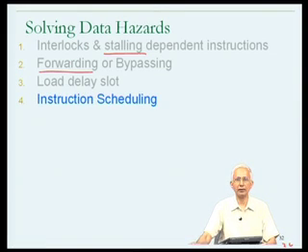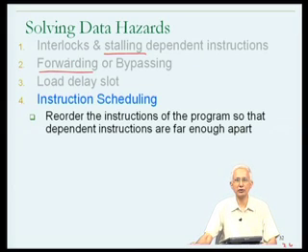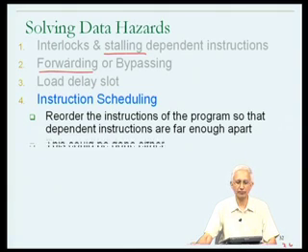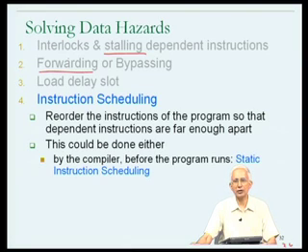Now, we are going to look at a fourth possibility, and that is the possibility of scheduling the instructions, in other words reordering the instructions so that the dependent instructions are far enough apart so that the hazardous situation is resolved. The scheduling of instructions could either be done by the compiler, before the program runs.